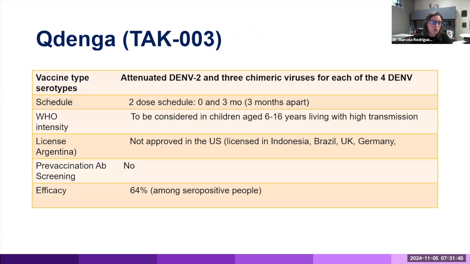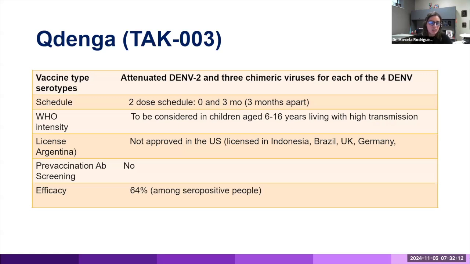The next vaccine is called Qdenga or TAK-003. This is an attenuated dengue virus serotype 2 backbone with chimeric viruses for each of the 4 dengue serotypes. This vaccine has a 2-dose schedule at 0 and 3 months, so they're 3 months apart. The WHO recommends that it be considered in children 6 to 16 years living in areas of high transmission intensity.